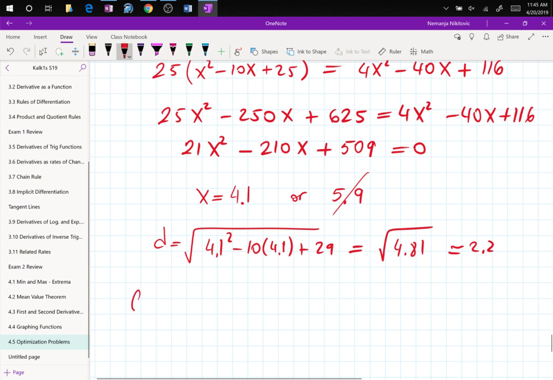So what's the cost? The cost is 4.1 miles at 200,000 plus 2.2 miles at 500,000.